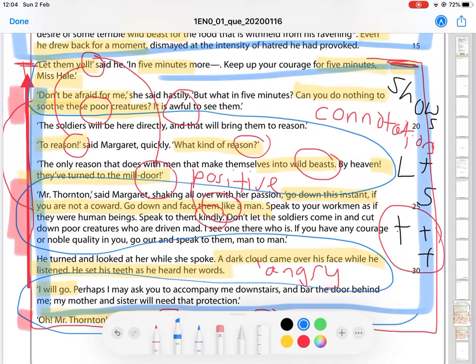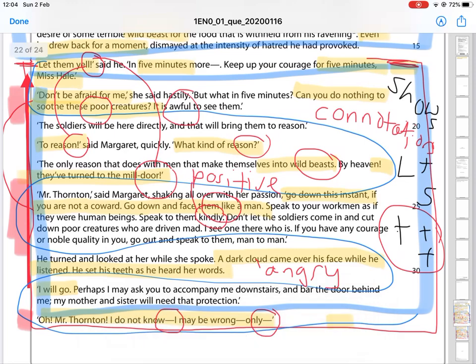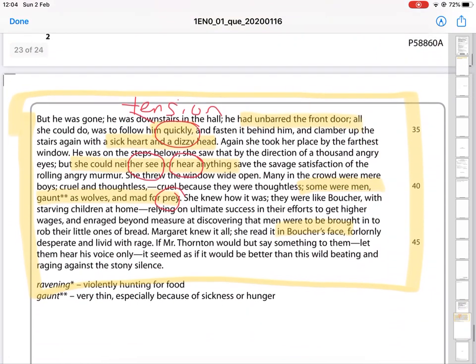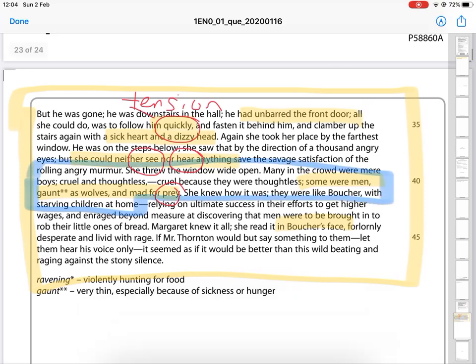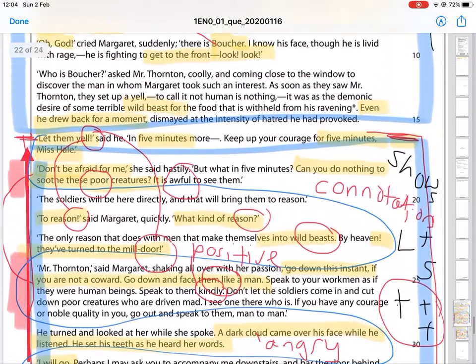Look at it, is there tension here? Of course there is. There's tension between the two people. And then at the end, it's now focusing on tension to do with specific people who have children at home, and how tense it is for them by not having enough money to feed them.